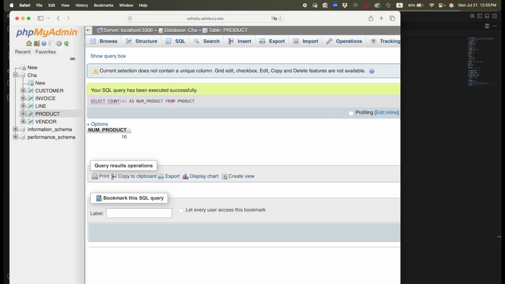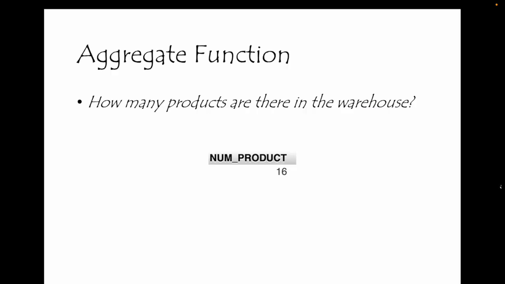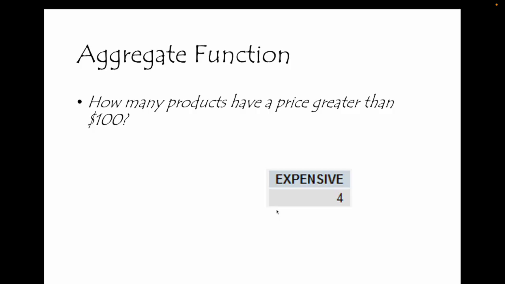Okay, now let's move on to the second example. Another aggregate function we are going to learn here is the same function, count, but we want to test whether we can apply some conditions. So here, how many products have a price greater than 100?